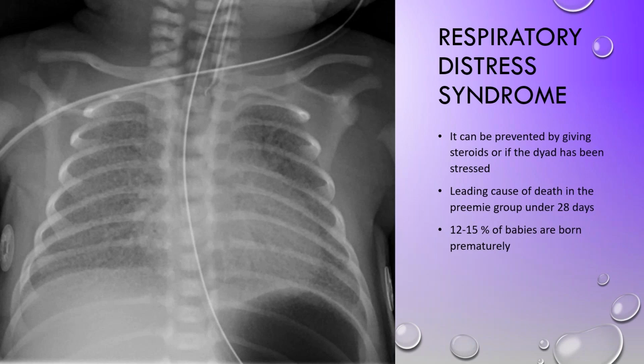It is the leading cause of death in the preemie group under 28 days: respiratory distress or progressive respiratory distress syndrome. And about 12 to 15% of babies worldwide are born premature.